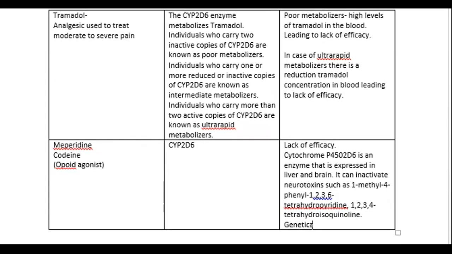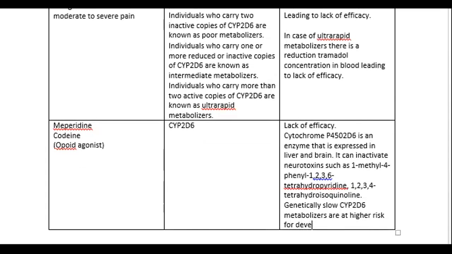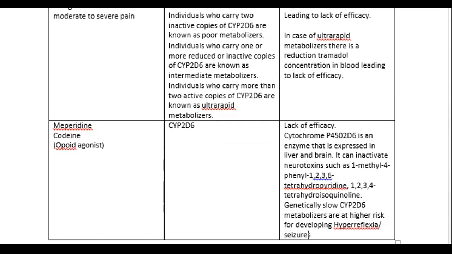So genetically, the slow CYP2D6 metabolizers are at higher risk of developing hyperreflexia or seizures.